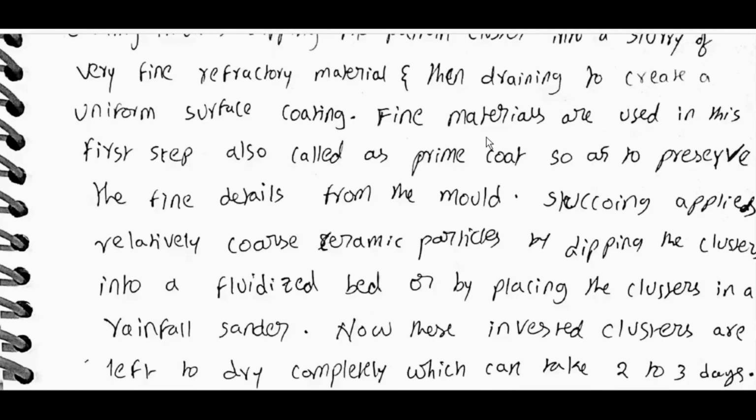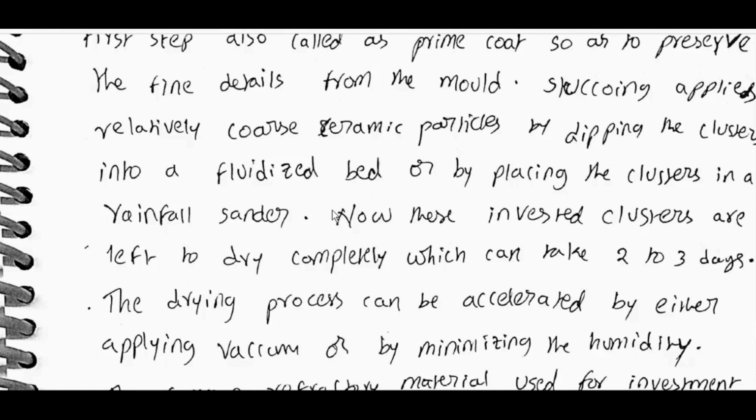The fine material is used in the first step, also called the prime coat, so as to preserve the fine detail from the mold. Stuccoing applies relatively coarse ceramic particles by dipping the cluster into a fluidized bed or by placing the cluster in a rainfall sander.